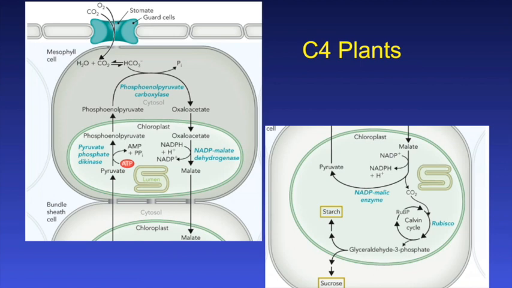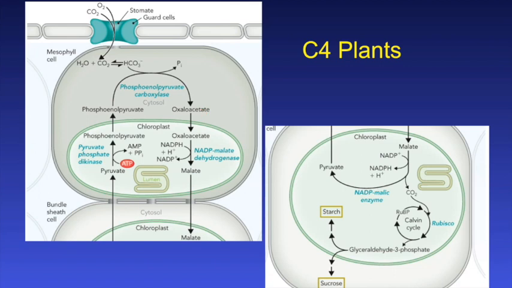Oxygen and CO2 can get into the cells of these plants, and what we do is a separate reaction with phosphoenol pyruvate, and we create oxaloacetate. We've seen this reaction in regenerating the citric acid cycle intermediate.